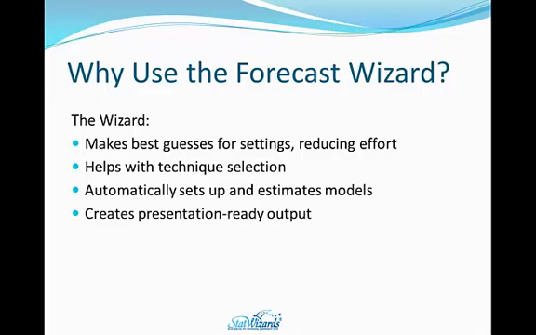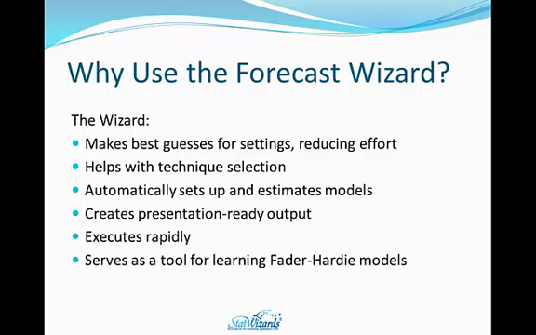The wizard creates presentation-ready output that can be cut and pasted into other Microsoft Office documents. The program executes rapidly, saving considerable time over building models in Excel by hand. And finally, all versions, including free ones, serve as tools for learning Hardie models.